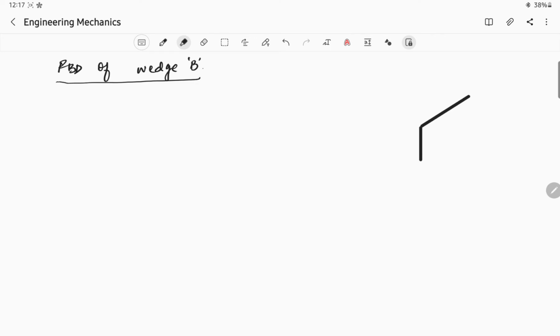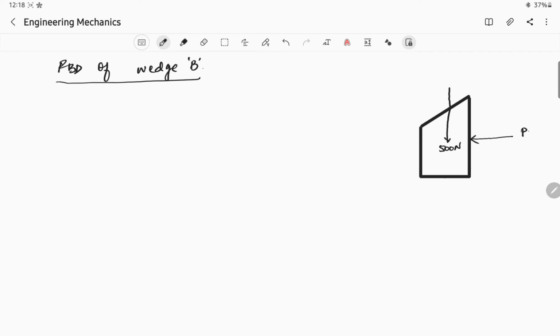This is our other wedge. And always we know weight will act exactly in the downward direction. Weight is 500 newtons. We have one force acting from here, that is P.